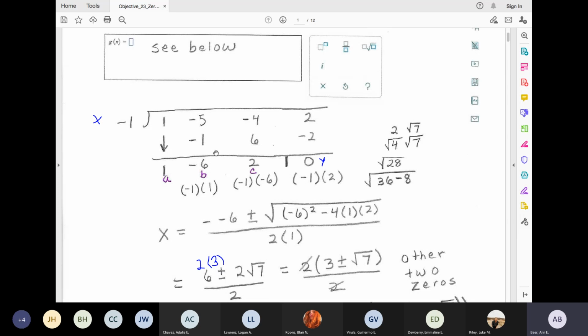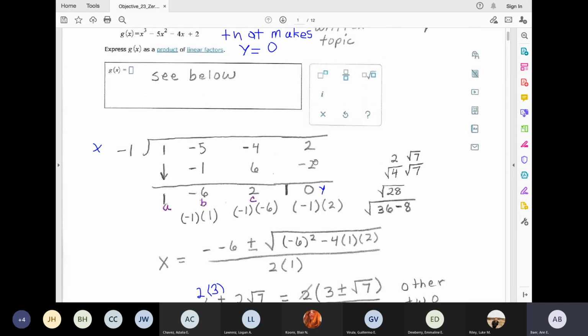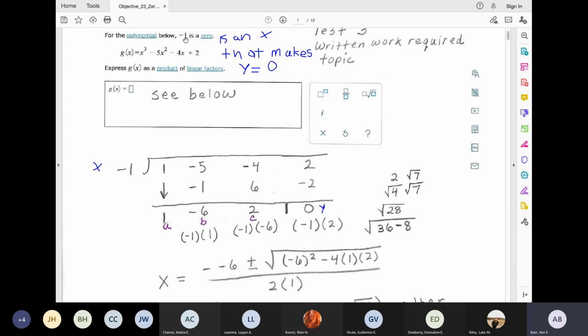Now we multiply again. -1 goes over here, and what's at the bottom of the previous column is a 2. -1 times 2 is -2. 2 plus -2 is 0. And we needed to get the number 0 here. If we did not, we've made an error, because we were told that -1 is a 0. That means -1 is an input that gives us an output of the number 0.